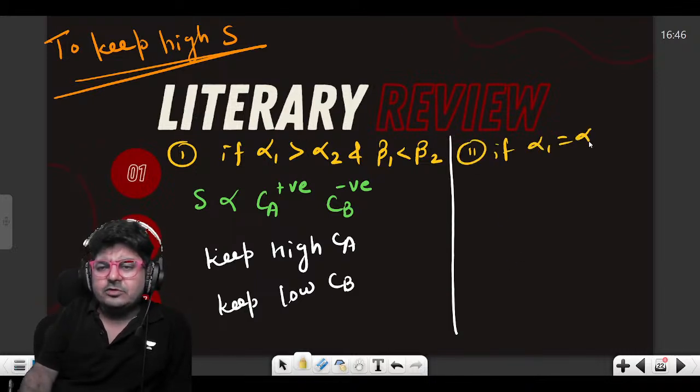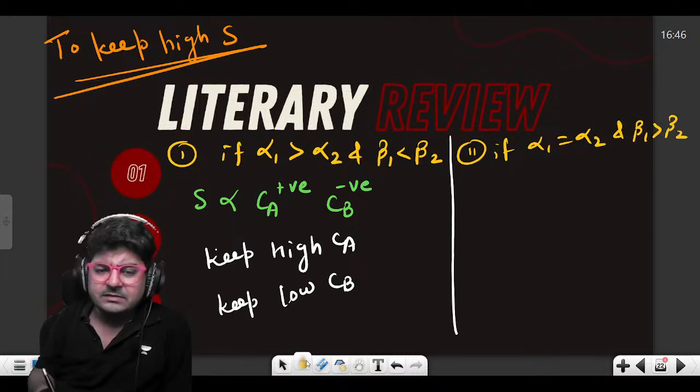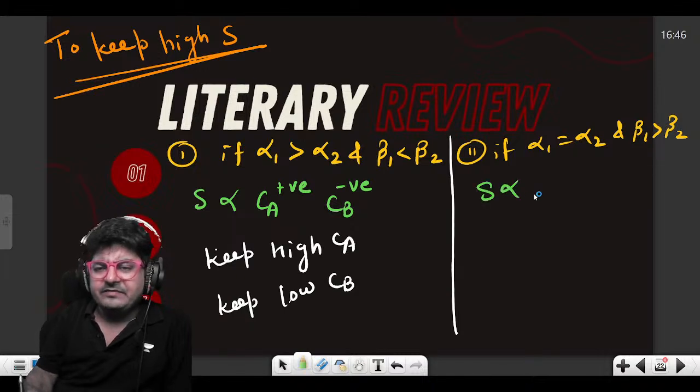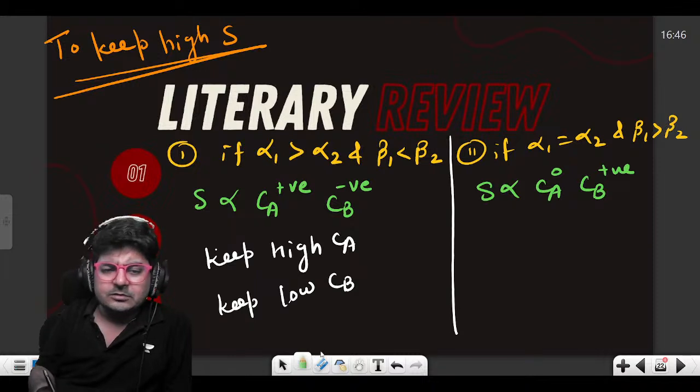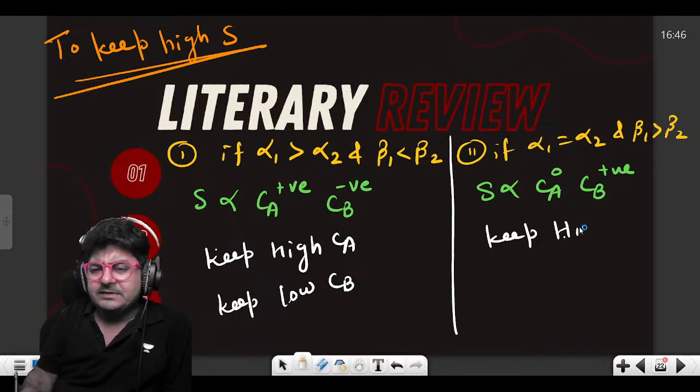Suppose if alpha 1 equal to alpha 2 है and beta 1 greater than beta 2 है, then you can see selectivity will be proportional to CA power 0 and CB power positive. तो यहाँ आप बोलोगे independent of CA and keep high CB.